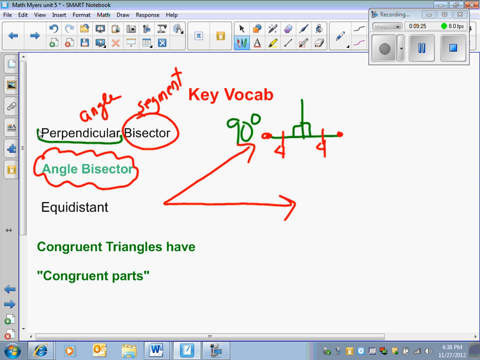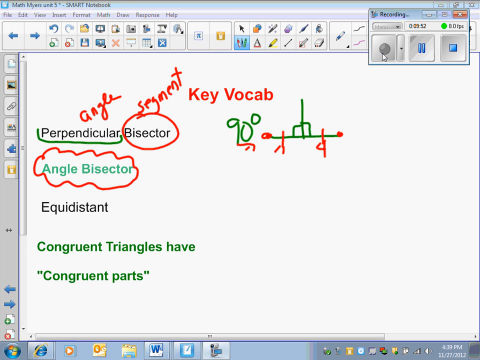I am going to split this angle down the middle. I'm going to put an arc, one arc, and one arc. What does that represent? It represents that those angles are congruent. So if this angle is 30 degrees, how much is this angle? Oh, you're right. It is also 30 degrees. So anytime you see angle bisector, we must see the notation with the arcs in order to realize they are congruent.